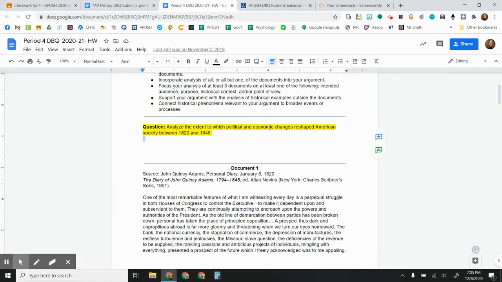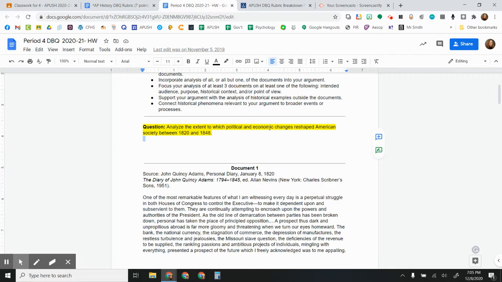Now you have to say, okay, how did those things affect people? How did economic changes affect people? For economic changes, you could talk about the immigrant experience. You could talk about the African American experience or the women's experience, maybe going to work in factories, immigrants coming in from Germany and from Ireland looking for economic success.